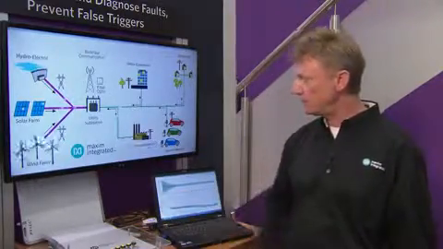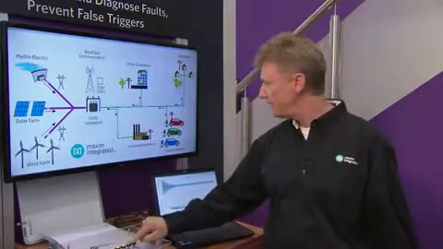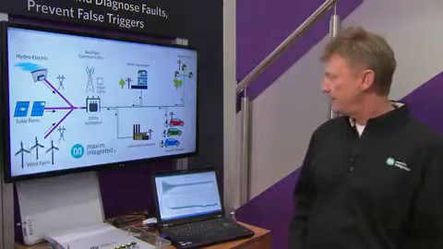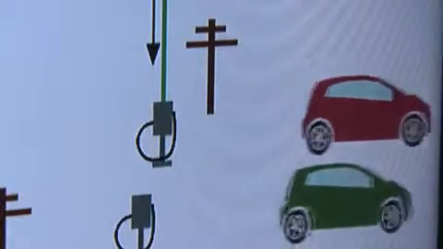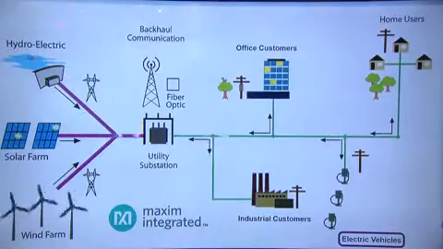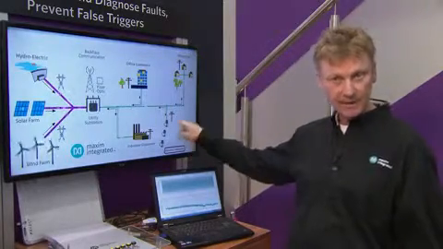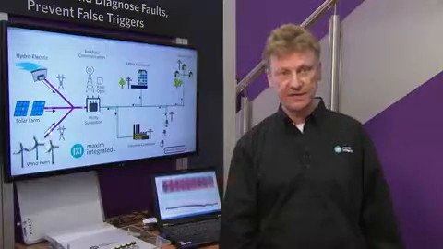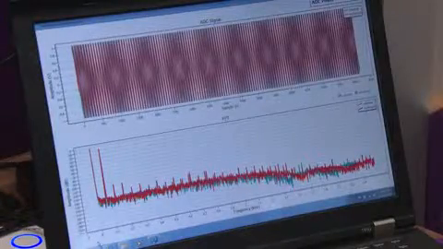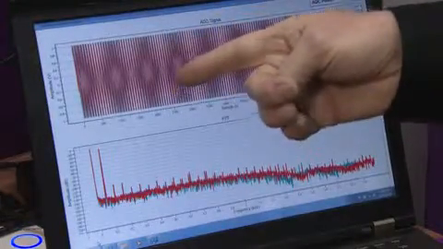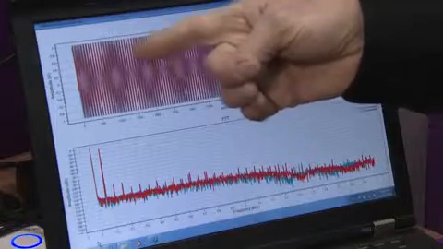And then the final simulation I'll show you is a frequency drop. When a bunch of EVs are leaving a charging station at the same time, which causes the frequency of the amplitude to drop from 60 hertz to 58 hertz.